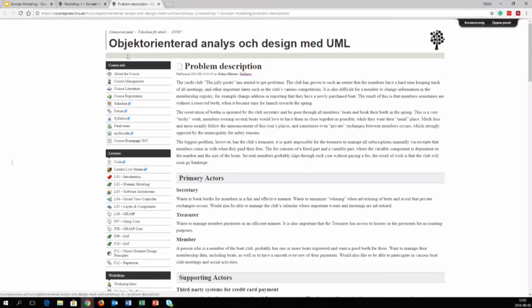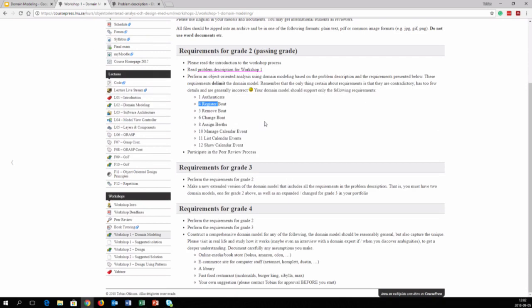More questions? Is derived association the same as a qualified association? No, it is not. A qualifier typically adds some constraints on the association.